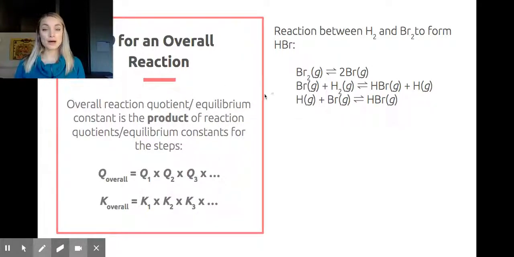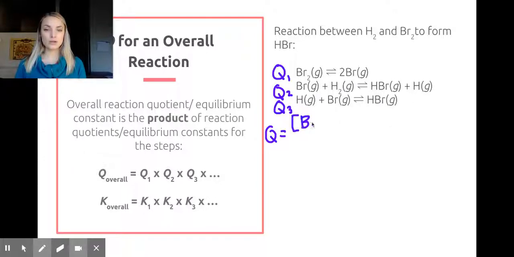So let's call this Q1, Q2, and Q3. Q1 is equal to Br squared, because we have 2 Br, we raise to the same power as our coefficient, divided by the concentration of Br2. So that is Q1.